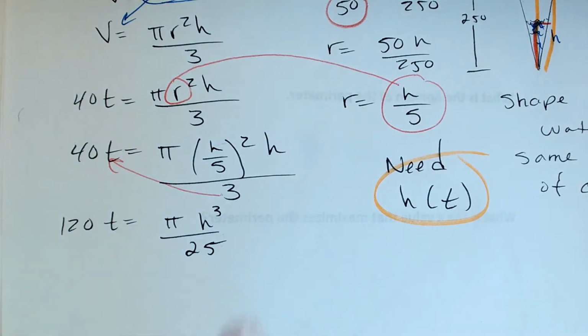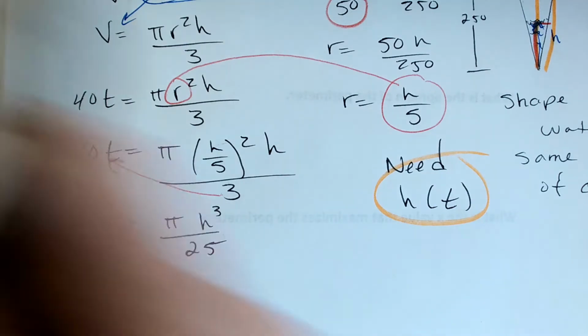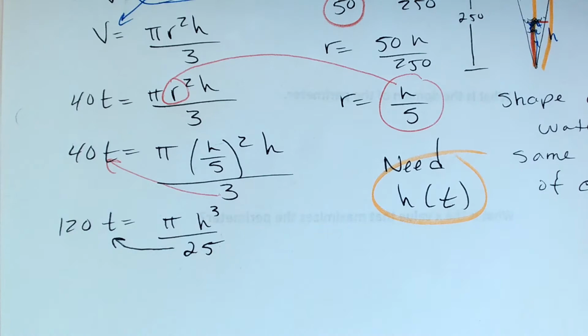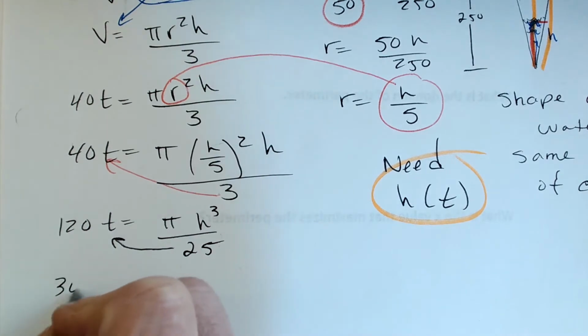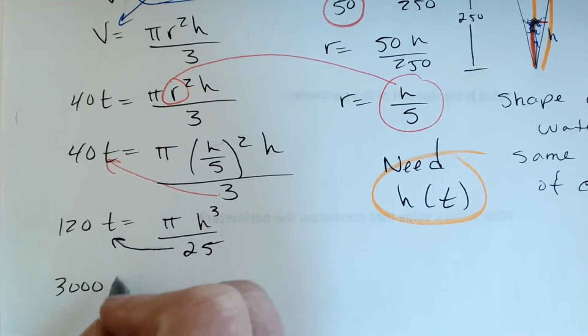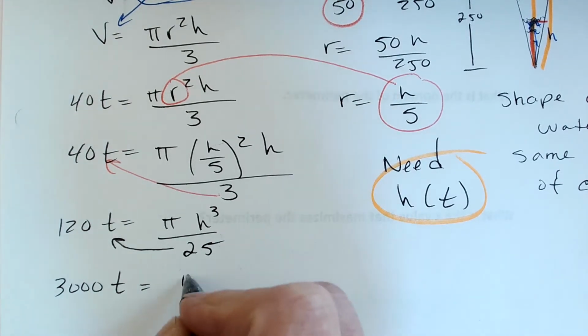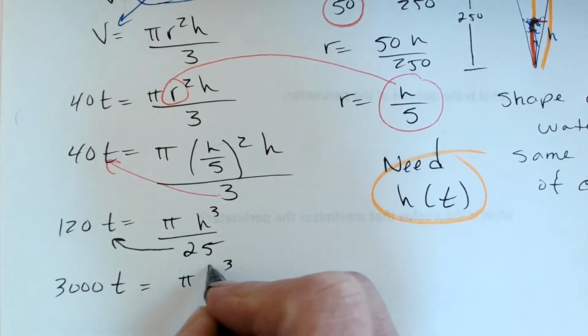I'm supposed to solve for h, right? So let's multiply by 25. 120 times 25 gives 3,000. So 3,000t equals pi h cubed.